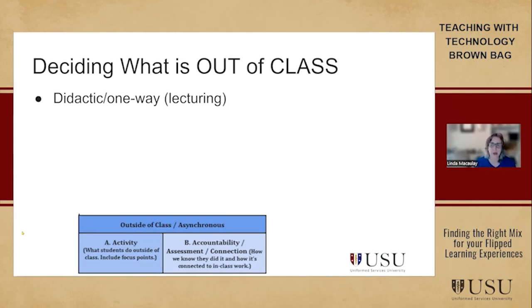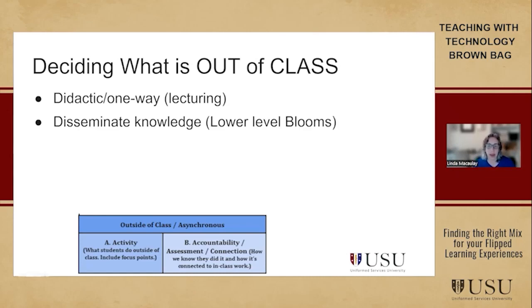As you decide what is done outside of class, some types of things that are better suited for that pre-work or outside of class piece is didactic or one-way content, often lecturing. Those pieces that are more lower level Blooms or are for disseminating knowledge are more effective for outside of class.